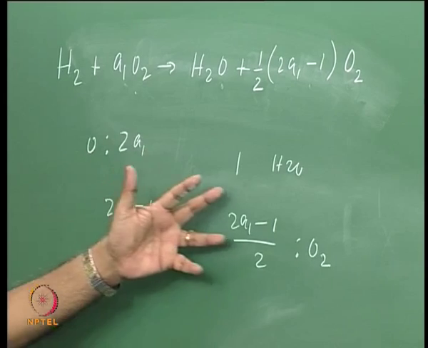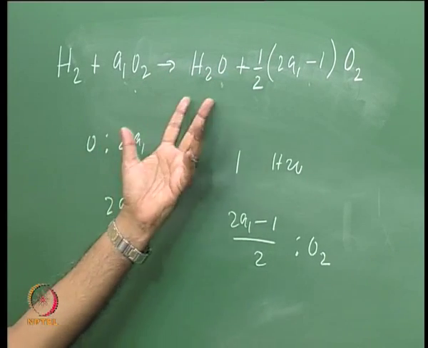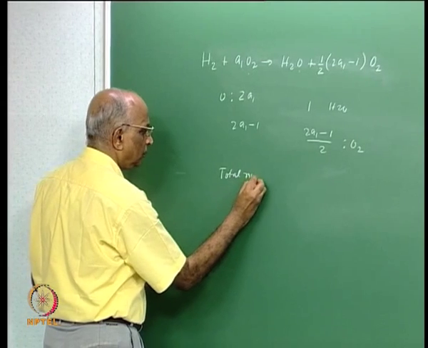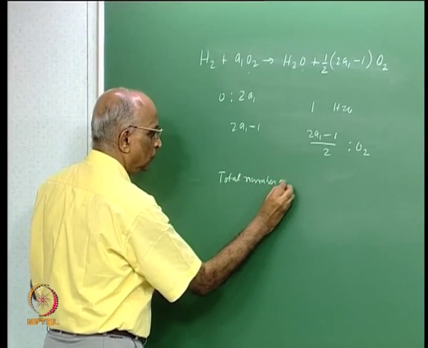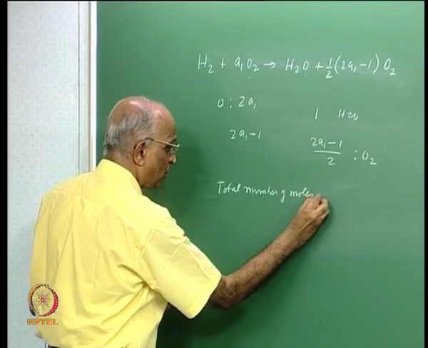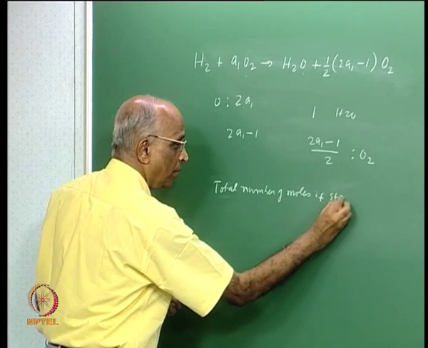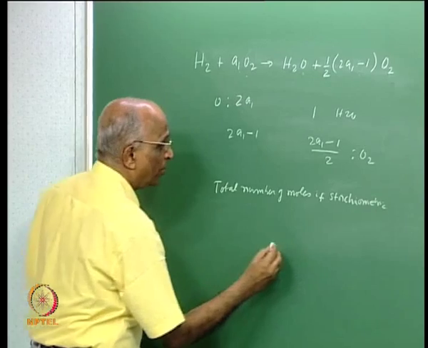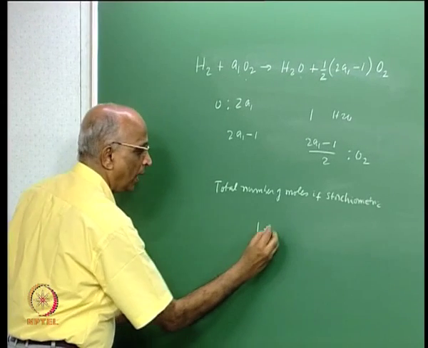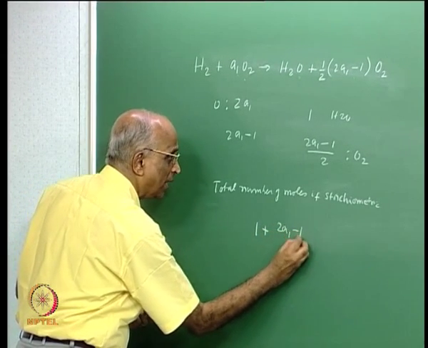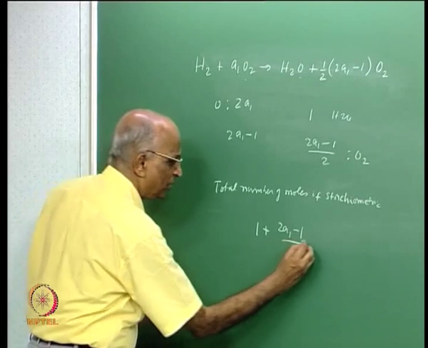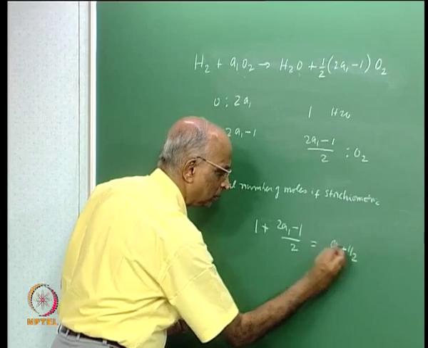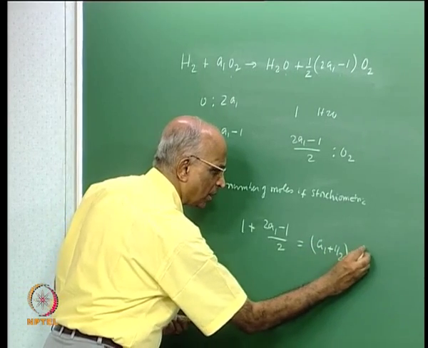Therefore, the total number of moles of products according to this reaction, if stoichiometric, is going to be 1 plus 2A1 minus 1 divided by 2, which is equal to A1 plus half in the products.